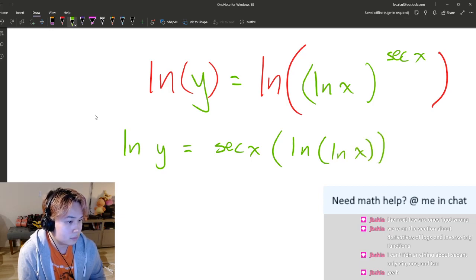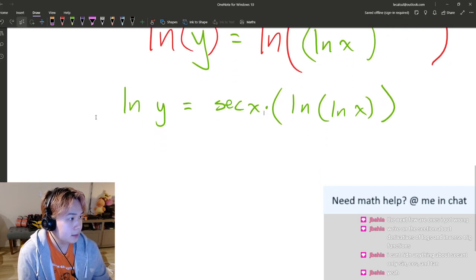And then from here, you're going to use a little bit of implicit differentiation on the left side, and on the right side you use a product rule with a chain rule. And I think you know the derivative of secant x, probably.